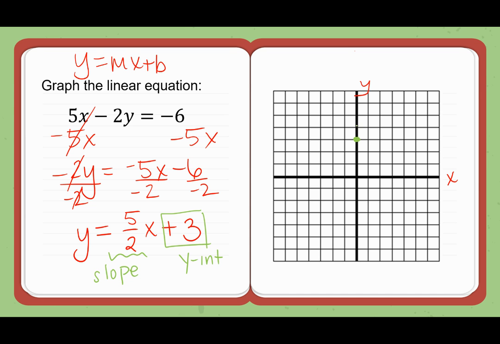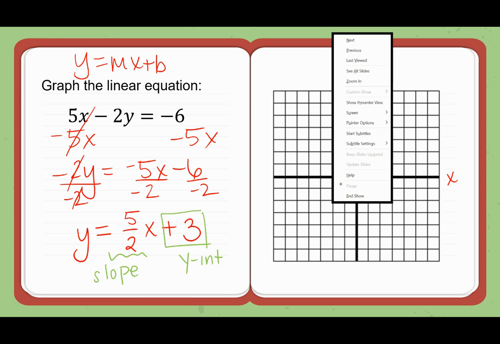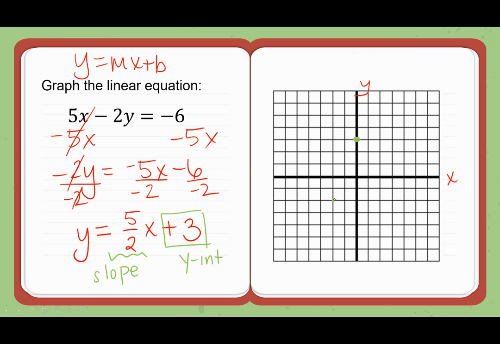So I can go up 5. 1, 2, 3, 4. Oh, I'm off the graph. So then I can go the opposite direction. I can go down 5. 1, 2, 3, 4, 5. And then I have to go to the left 2 so that I have positive slope there. So that's my line.